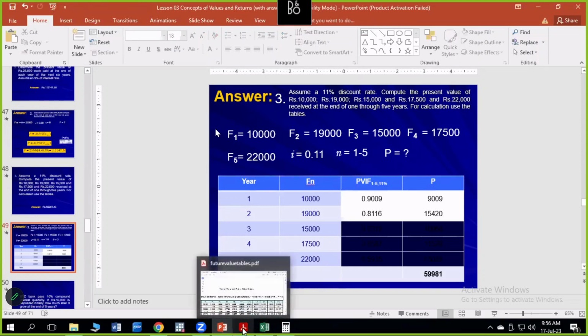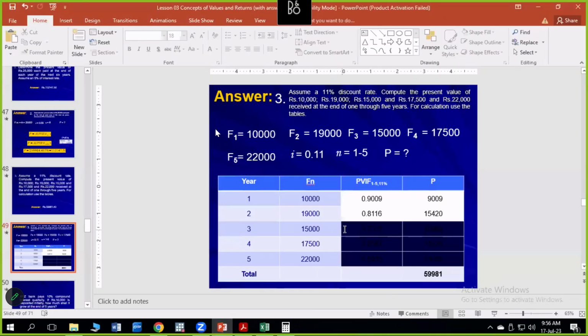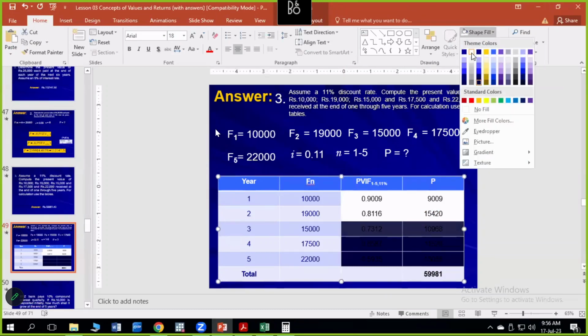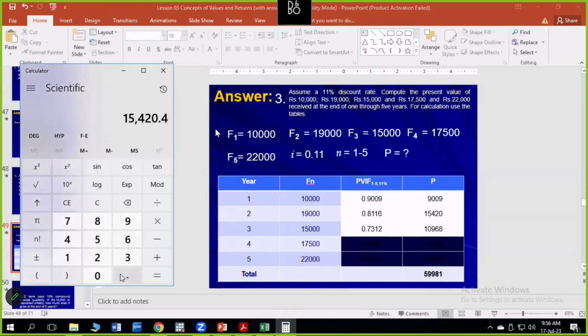The next thing, the third one, 0.7312. You can write it up as 0.7312. You can check the figures are correct.